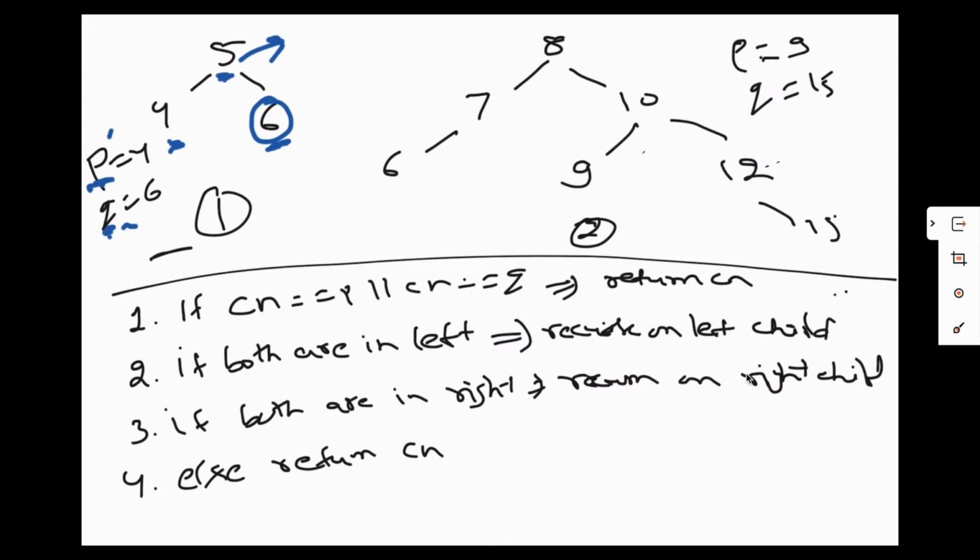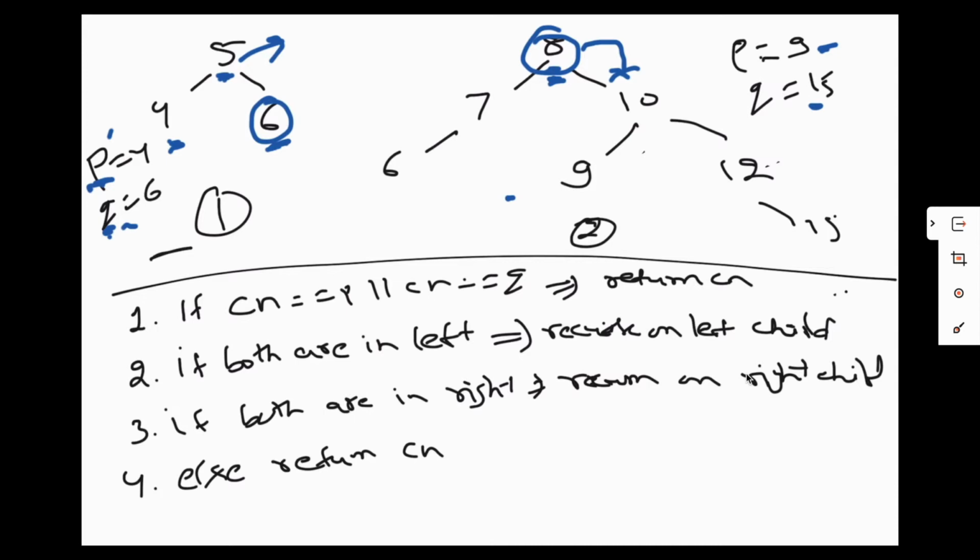And the second main condition is, what if they are on the same side? For example, here we will start from 8, and we check where p is. p is on the right side with respect to this current node, and q is also on the right side. So we can safely go to the right side of the current node and search the same thing again.